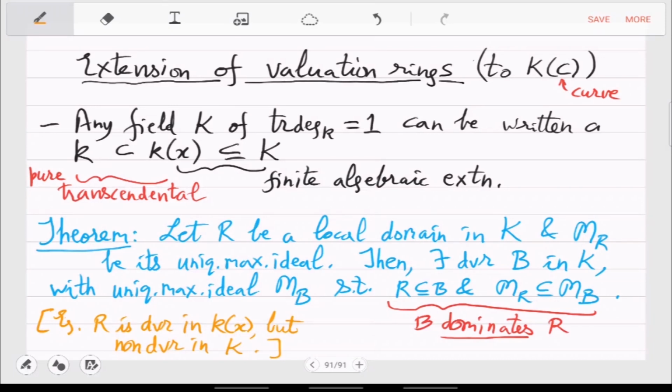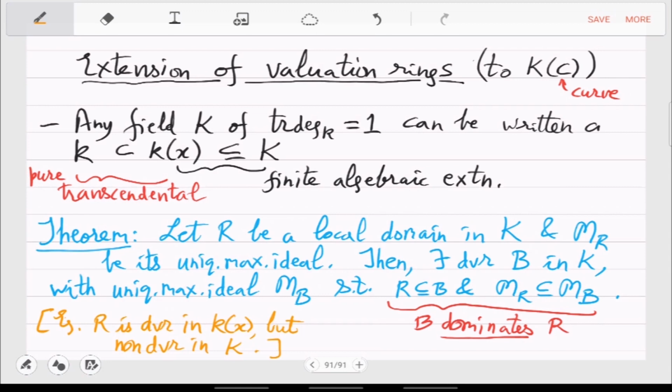It isn't a DVR. So how do we find a DVR then? This is exactly the case of singular points. When a point is singular, its germ is a non-DVR. So from that non-DVR, how do you smoothen it out?